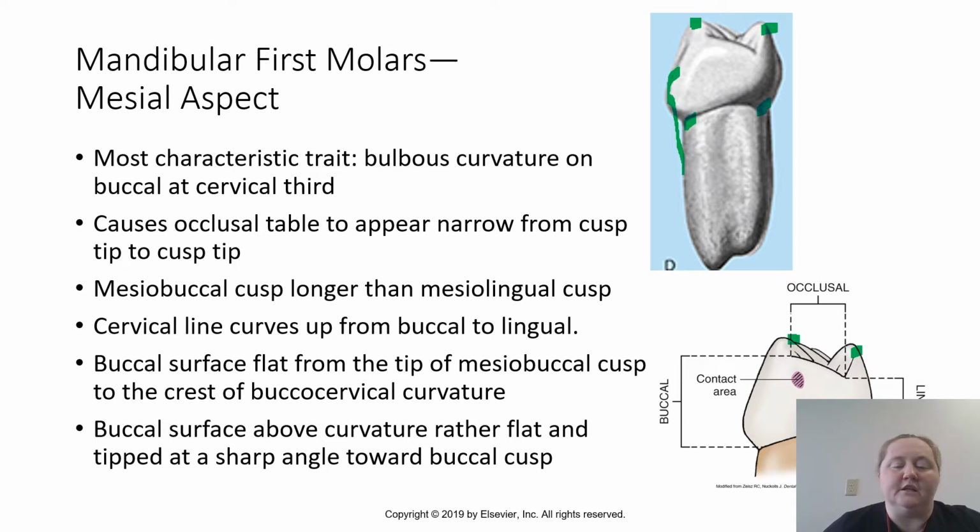The buccal flat surface from the tip of the mesial buccal cusp to the crest of the buccal cervical curvature. The buccal surface above the curvature is rather flat and tipped at a sharp angle towards the buccal cusp. Okay, so you can see that angle here.